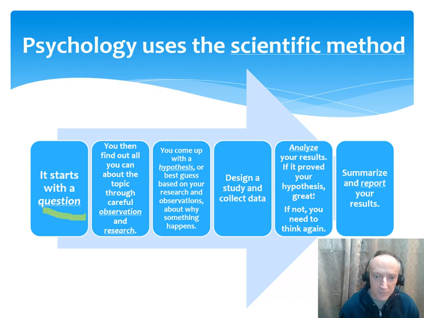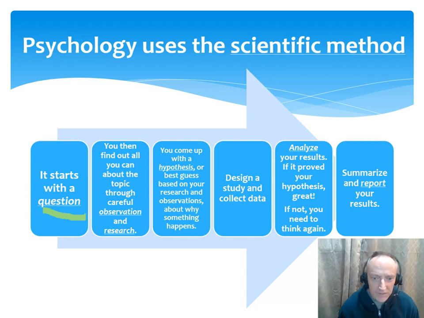So once someone has a question, then they try to gather as much information that's already in existence about that topic. So that means reading all that has already been published about that topic. If it's something entirely new, then that might mean having to go in and just make some observations on your own.